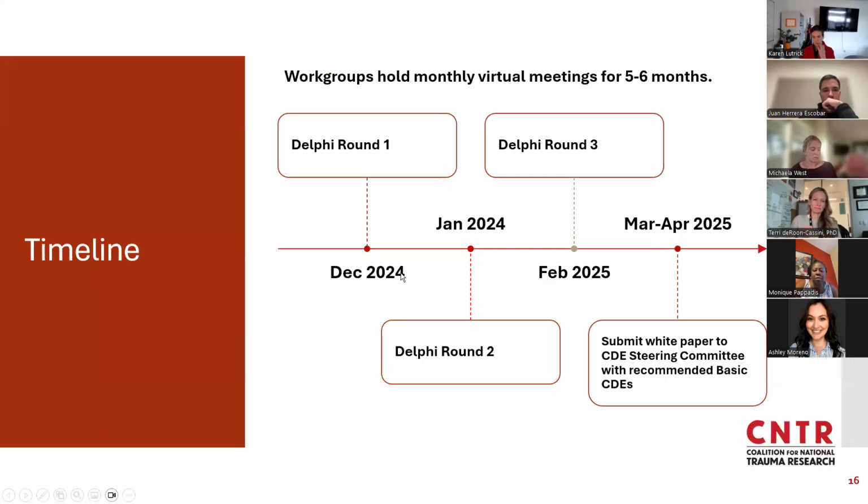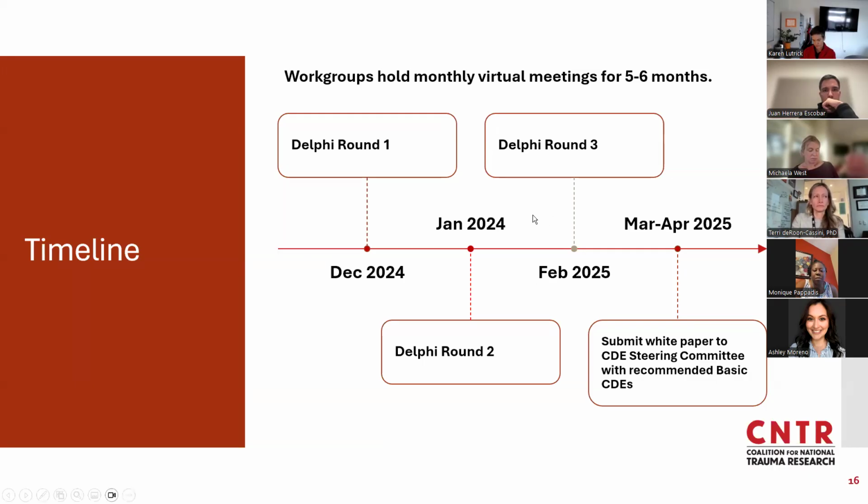Awesome. So timeline-wise, we'd like to launch round 1 here, ideally next week, so the beginning of December, and then close it in the beginning of January, and then take a week or so off in between. Gives us time to run the statistics and determine what's reached consensus and update the survey.